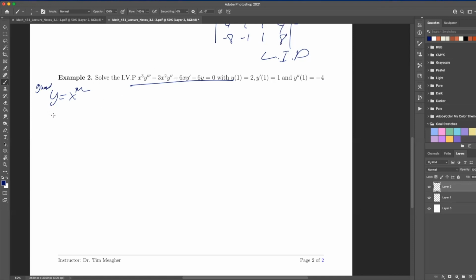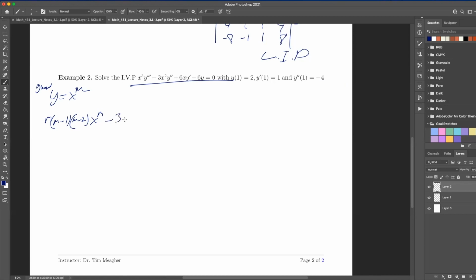So if I take its third derivative, I'll have m times m minus 1 times m minus 2, x to the m minus 3, times x to the 3. I'm just going to cut to the chase.